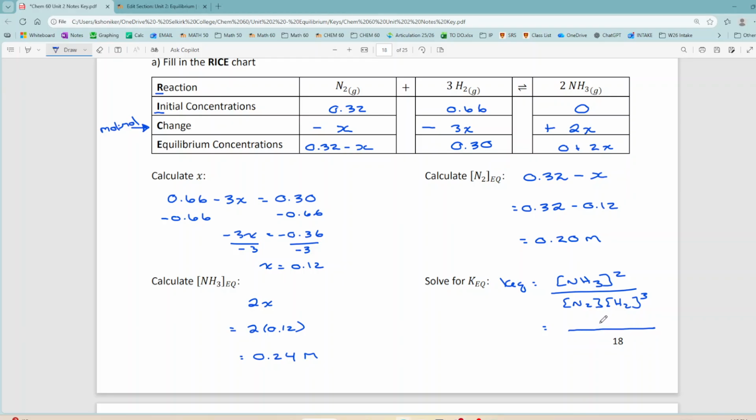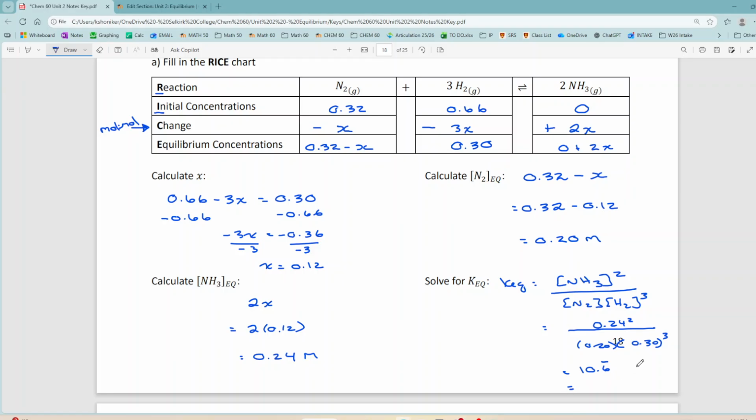So my ammonia was 0.24 squared, my nitrogen is 0.20, and then my hydrogen is 0.30 cubed. Then I plug this into my calculator. I get 0.24 squared divided by 0.2 divided by 0.3 cubed is going to give me 10.6 repeating.